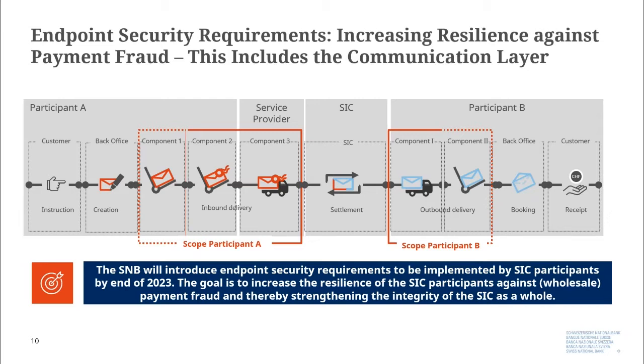So in the end, with the endpoint security requirements, we aim to increase the resilience of the whole value chain and not only the direct communication between the RTGS and the service provider or participant B. This is a very important element which I just wanted to highlight at this stage.